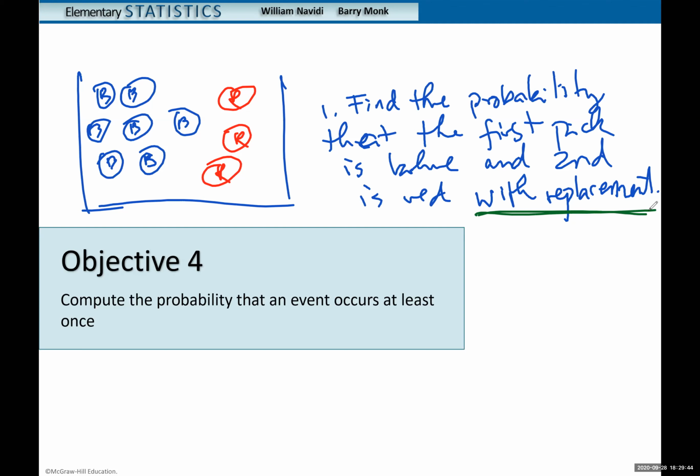So we want to get the probability of blue and red with replacement. So take note of that.